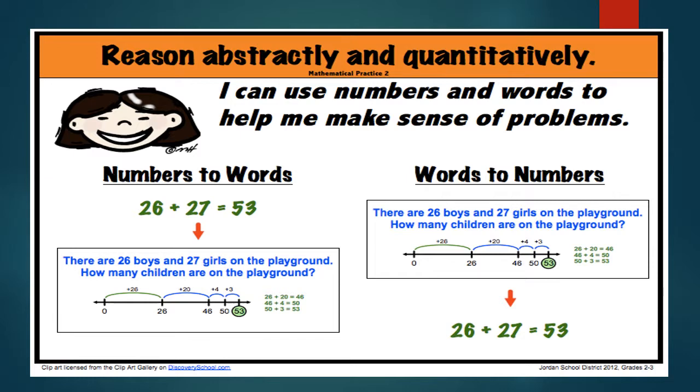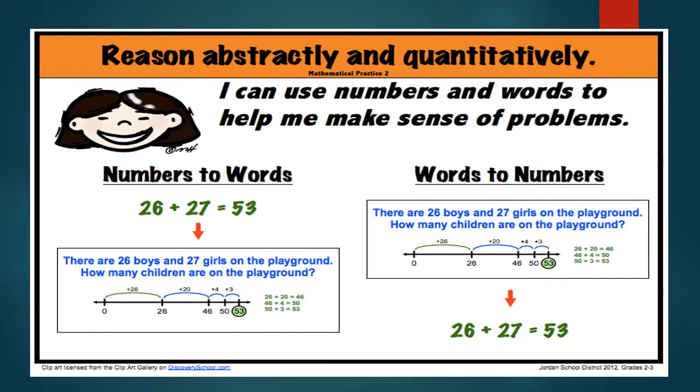This chart that we found online basically shows you reasoning abstractly and quantitatively. It shows how, on the left side, you can take the numbers 26, 27, and 53 and put them into a word problem that the students would have to solve for themselves or come up with for themselves.